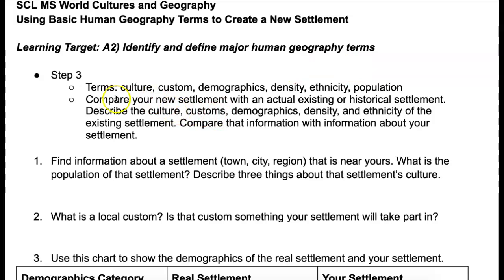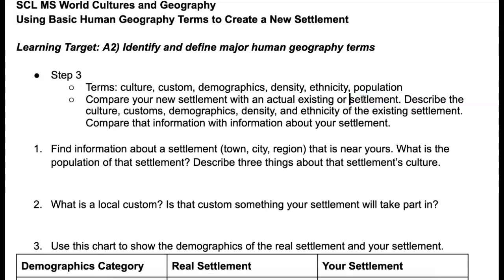So what you're doing today is you are comparing your new settlement with an actual existing settlement. And in class, we actually took that historical word off. So we're going to take that off here as well. Compare your new settlement with an actual existing settlement. This settlement could be a town. This settlement could be a city.